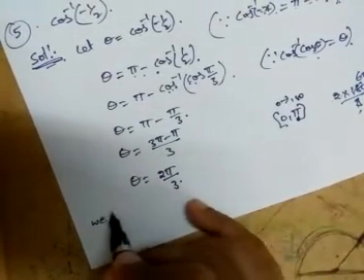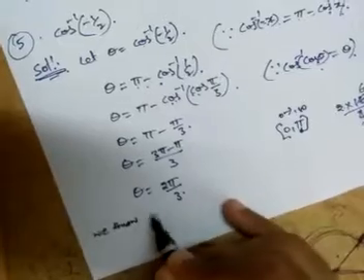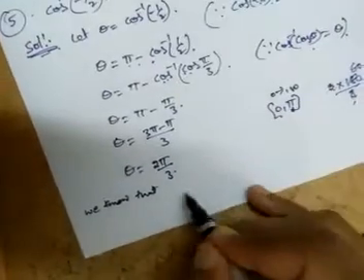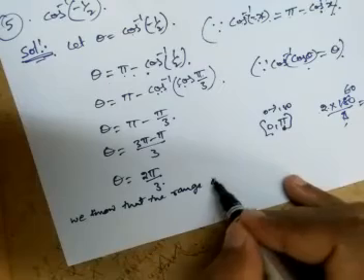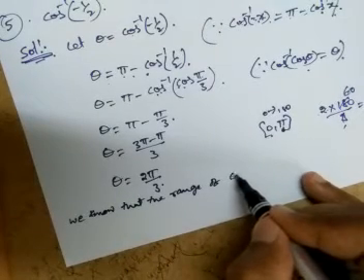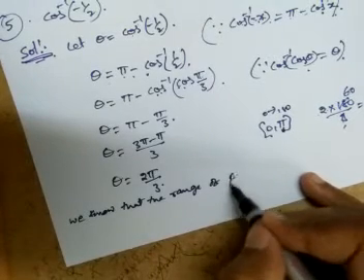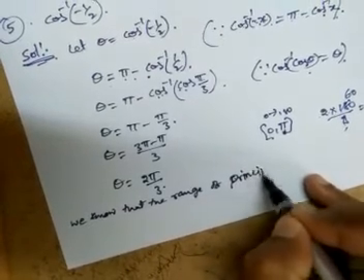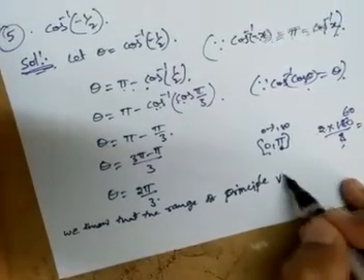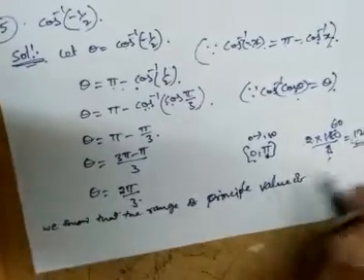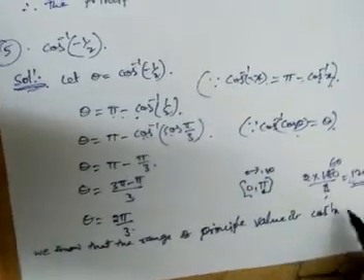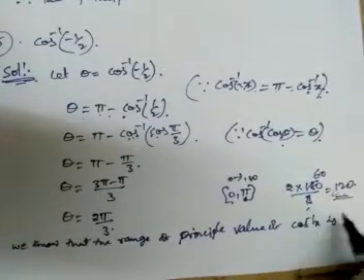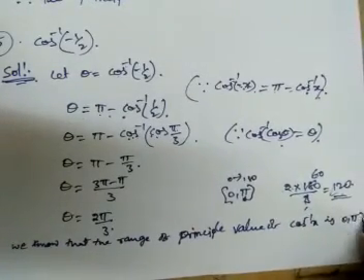So we know that the range of the principal value of cos inverse of x is 0 to pi.